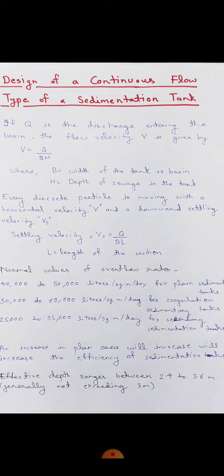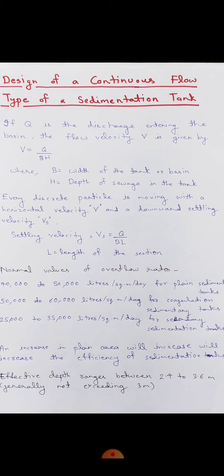Now since the water will flow in the horizontal direction, the particles present in water will flow in the downward direction. So there will be a horizontal velocity and there will be a downward movement also.